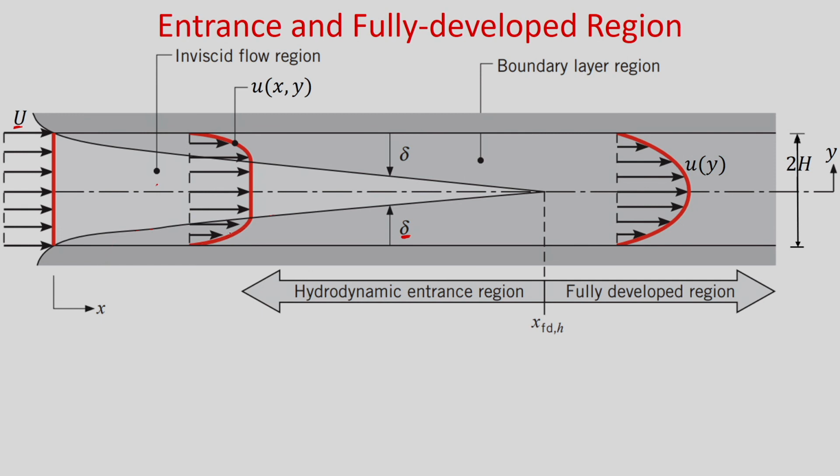Velocity is a function of x and y inside the boundary layer, and outside it is obviously constant, and this is known as the core region velocity. You can see this core velocity will increase at different axial locations as you have the boundary layer near the wall. After a certain distance, these boundary layers will merge in the central region, and after that there will be no change of the velocity profile in the flow direction.